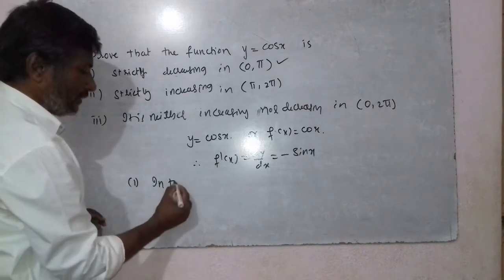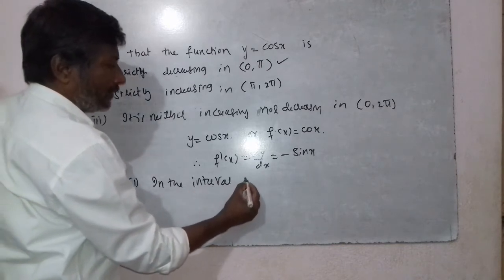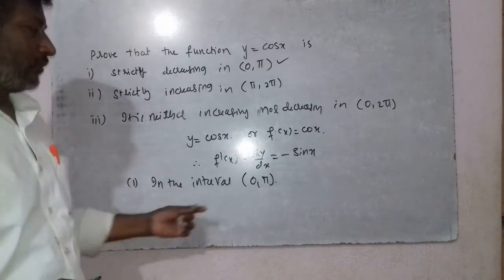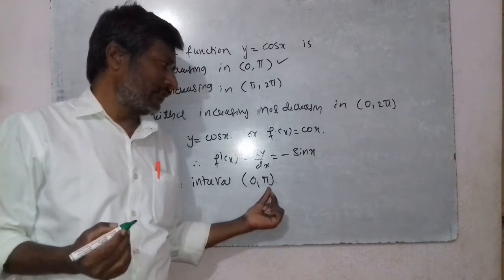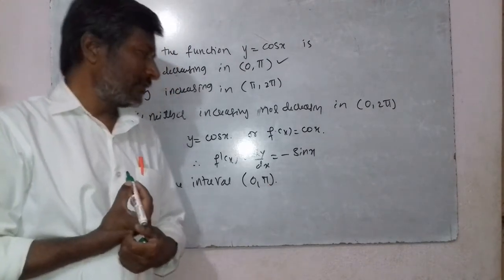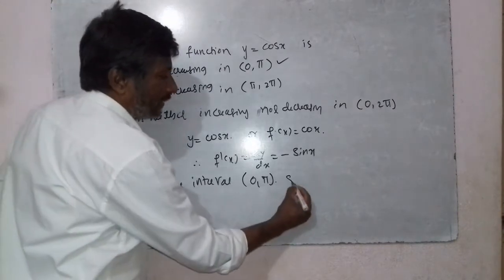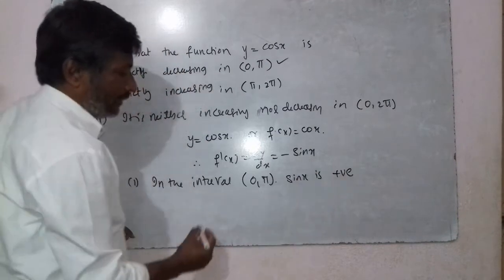So first, in the interval 0 to pi, that is the first and second quadrant, sin x is positive.